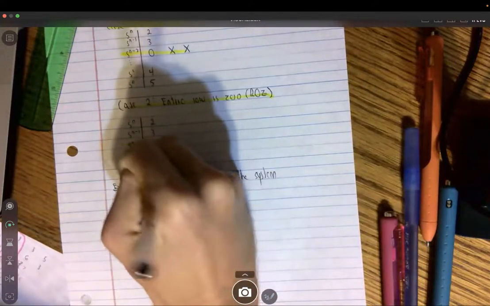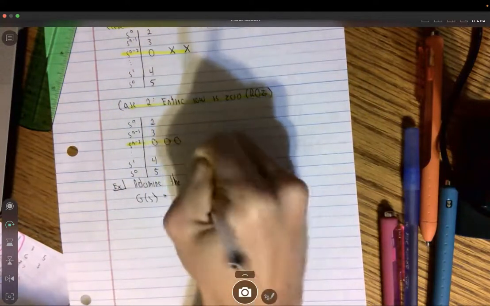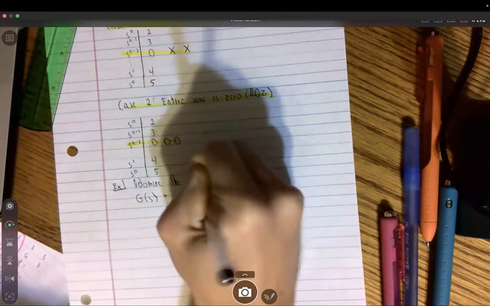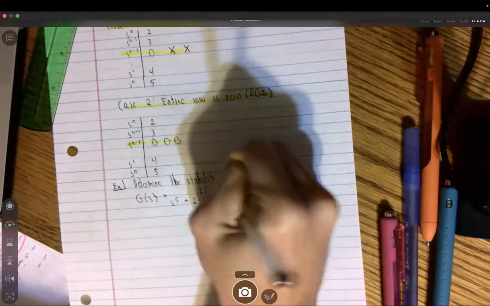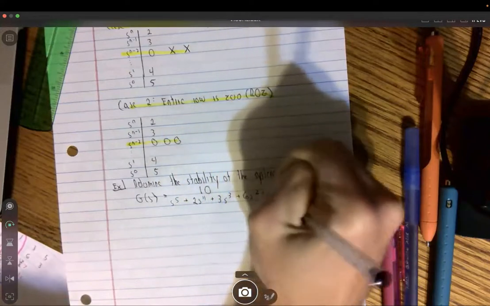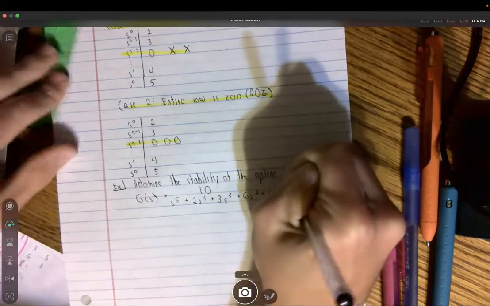The system we have is G(s) equals 10 over s^5 plus 2s^4 plus 3s^3 plus 6s^2 plus 5s plus 3.